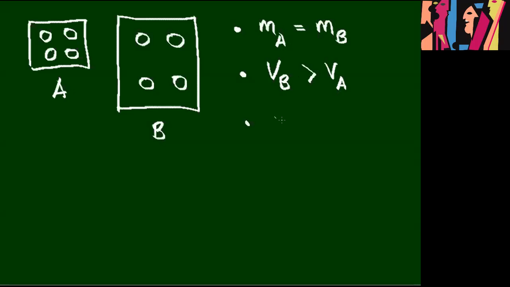Another observation we can make is that the particles in B are less packed together. The spaces between them are larger compared to the particles in A. So we say that they are less packed together.